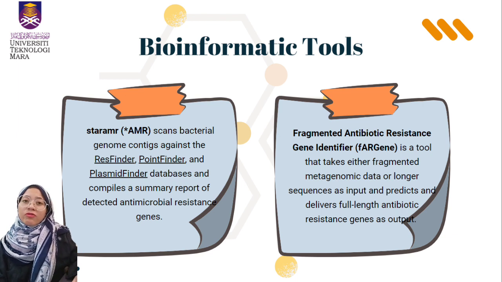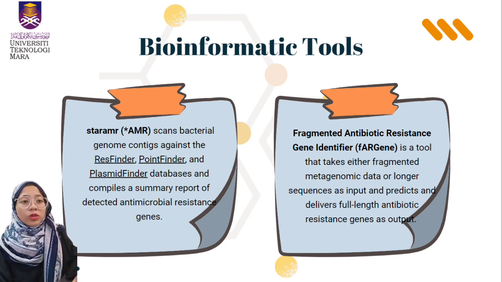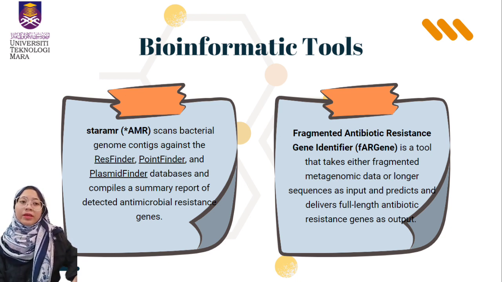The last bioinformatic tool that I use is Fragmented Antibiotic Resistance Gene Identifier, or fARGene. It is a tool that takes either fragmented metagenomic data or longer sequences as input and predicts and delivers full-length antibiotic-resistant genes as output.